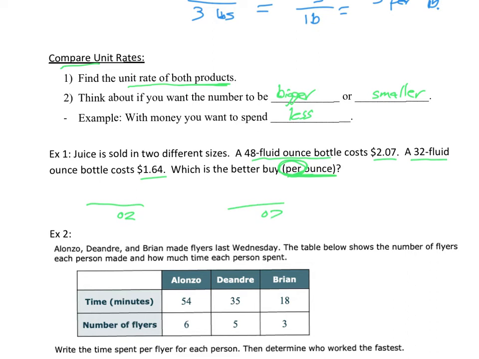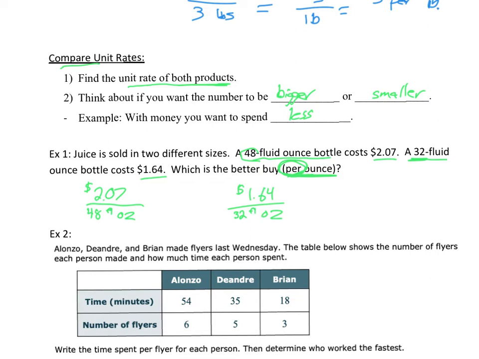So we're going to compare the 48 for 207 to the 32 fluid ounce for $1.64. And I know I should put the FL for fluid because a fluid ounce is different than an ounce.